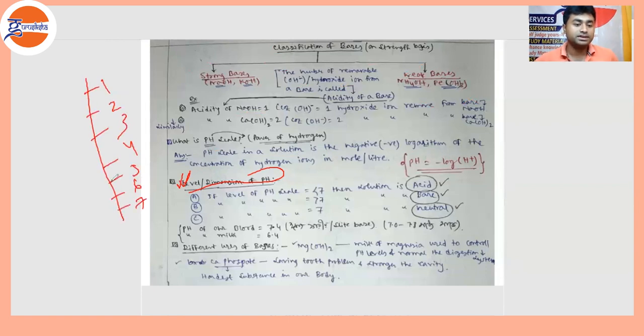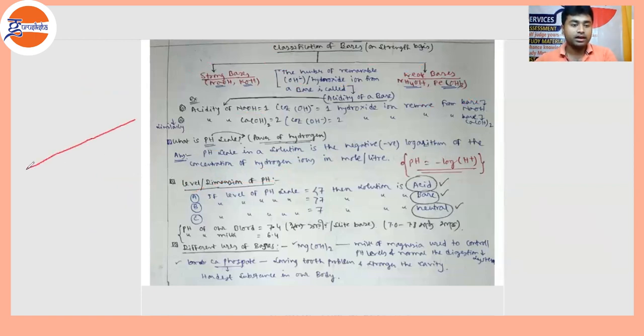Suppose it is a pH scale which starts from 1 and ends at 10.